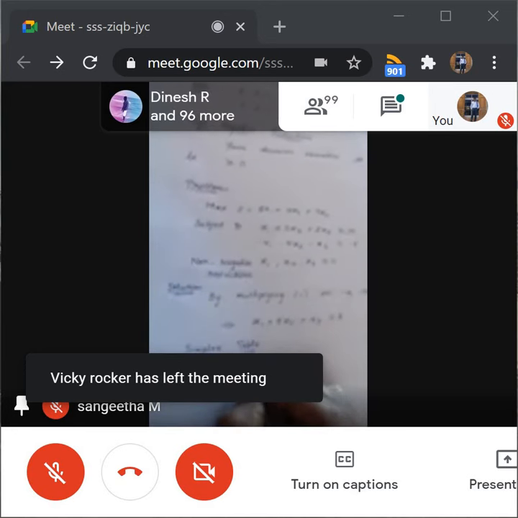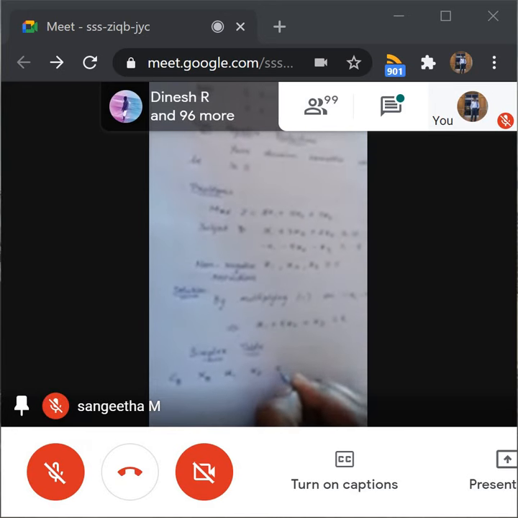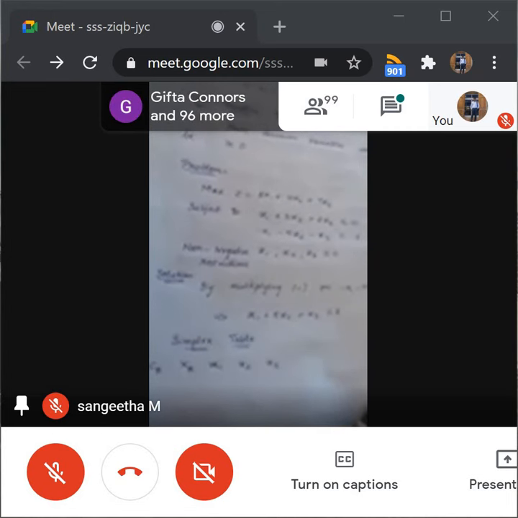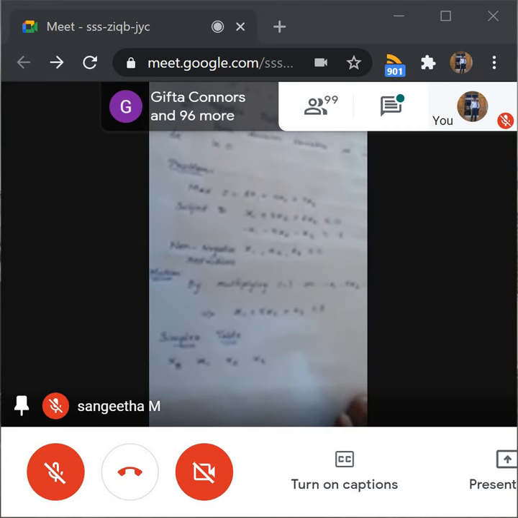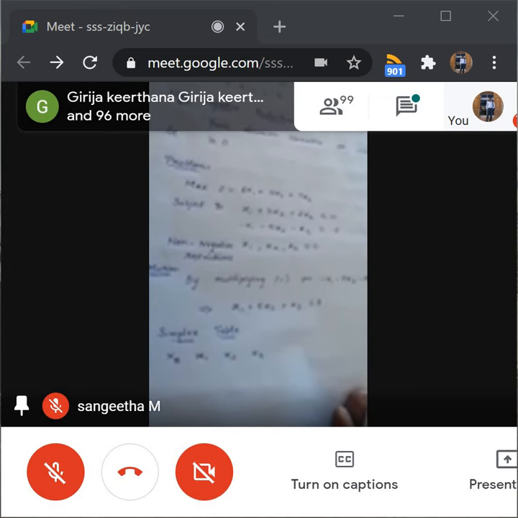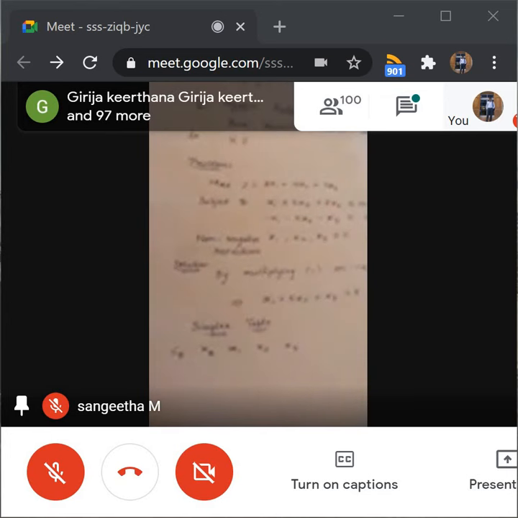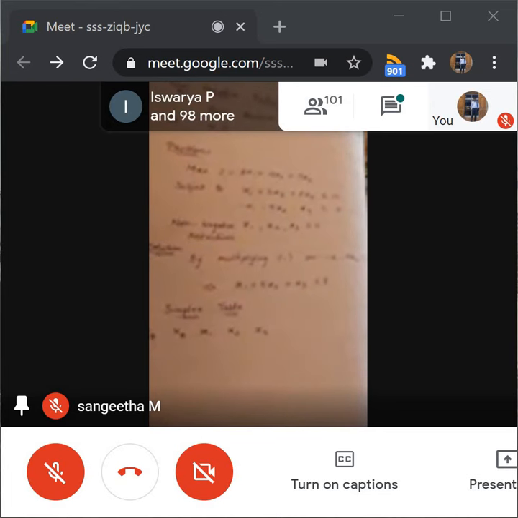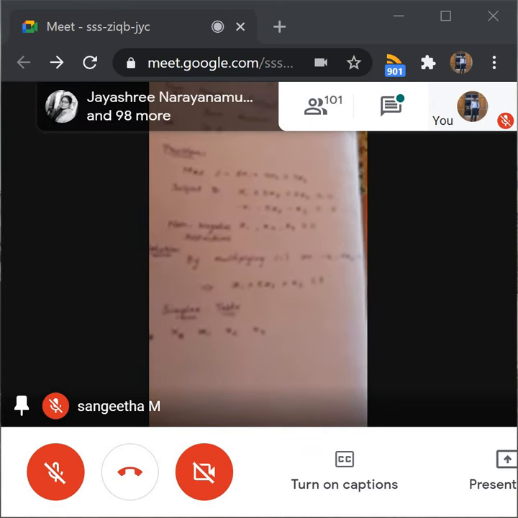So I will put X1, X2, X3 after XB. There are three decision variables which I have included. Apart from that, I have to take into account the inequalities. In the set of constraints there is an inequality, less than or equal to, so I need to make it equal to. I have to first remove the inequalities.